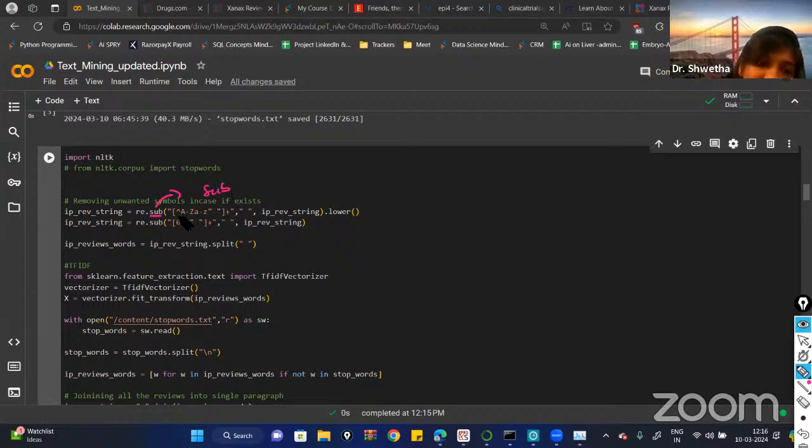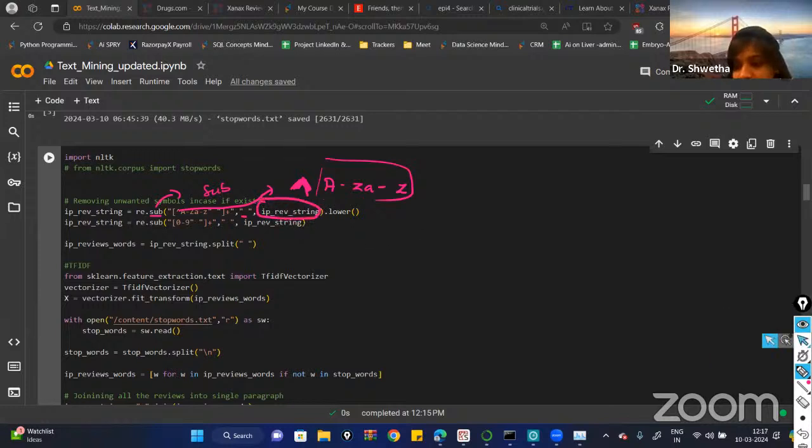The caret indicates negation, so whenever it is not an alphabet, anywhere from A to Z, it has to be taken and substituted with a space in the string IP_rev_string.